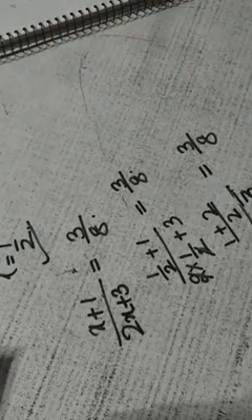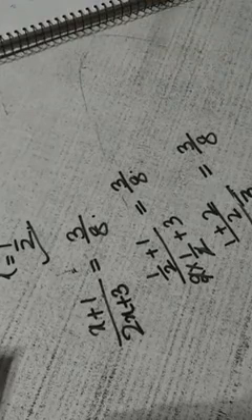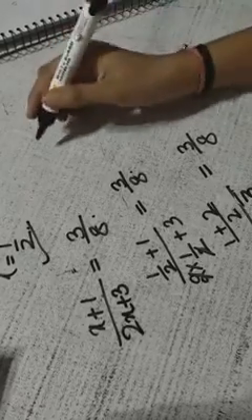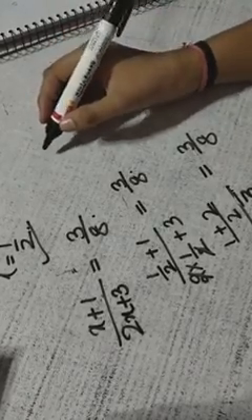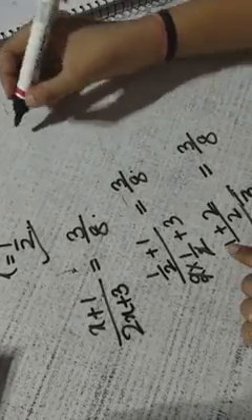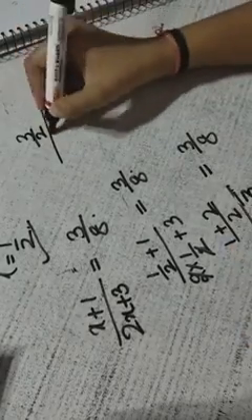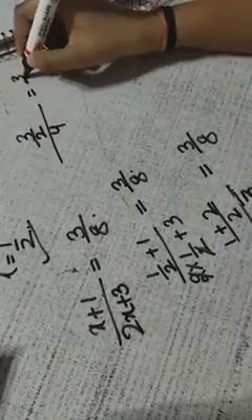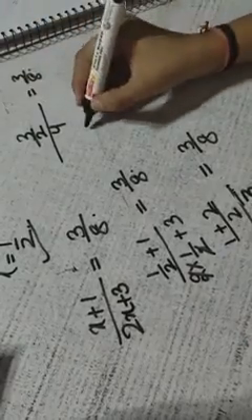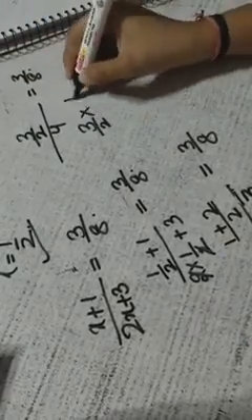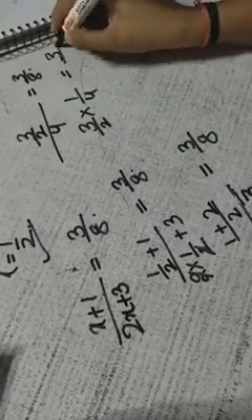Okay. So how will we solve this now? So we are getting over here, we can write this as 3 by 2 divided by 4 equals 3 by 8. So what we can do? 3 by 2 into 1 by 4 equals 3 by 8.